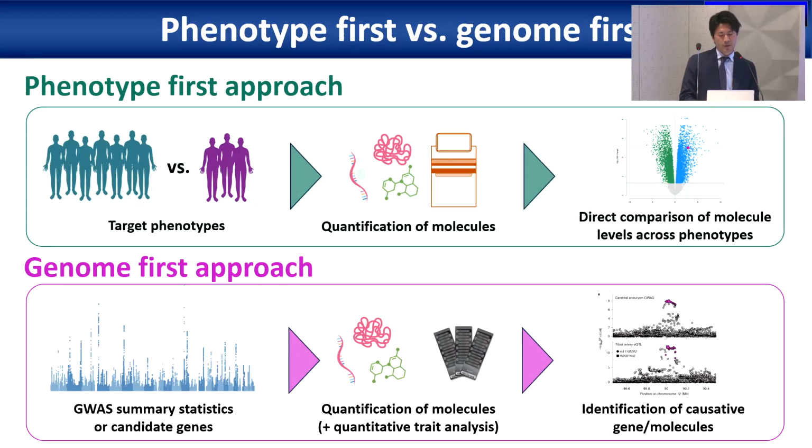We can identify differentially expressed genes or proteins, but we cannot assess causality. On the other hand, our genome-first approach utilizes the summary statistics of GWAS and integrates them with other omics data, so we can identify causative genes or molecules.